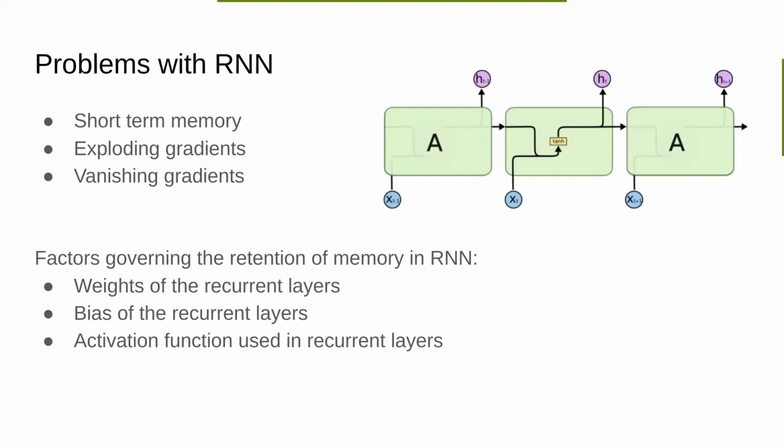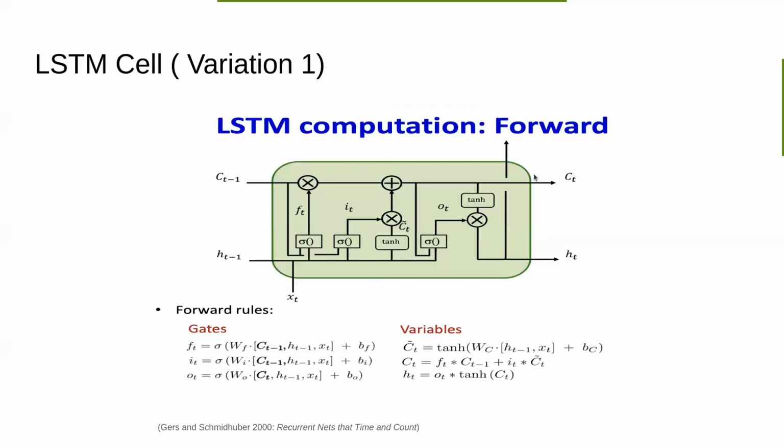Now, we would ideally like to have some sort of memory which moves across the dimension. Horizontally, you could think of some sort of memory moving around, along with the hidden states which are being passed, just like they were with the RNN, and the input state. For that reason, we have this variation called the LSTM cell, the long short-term memory cell.